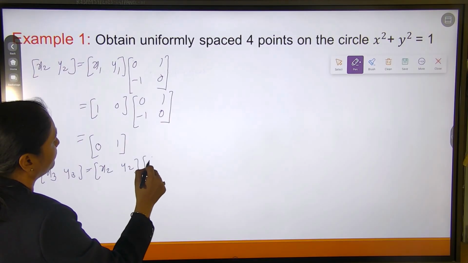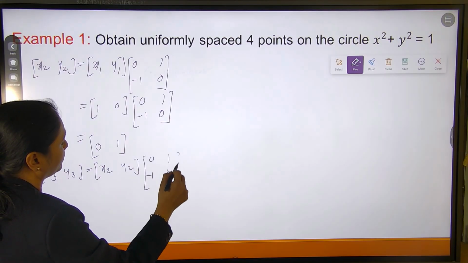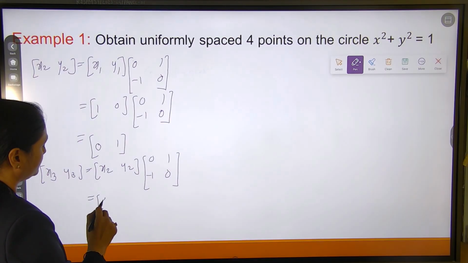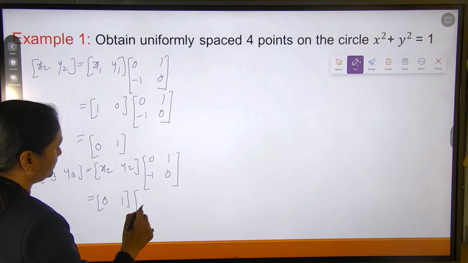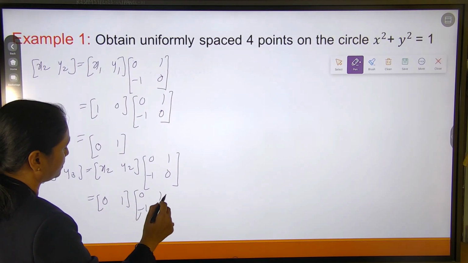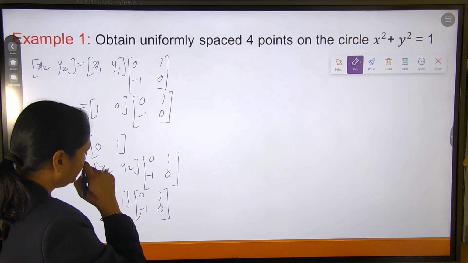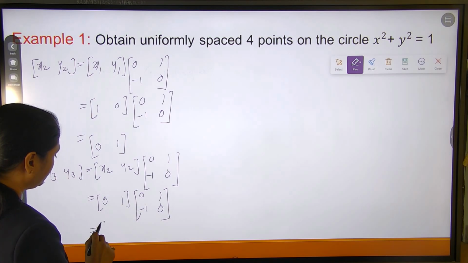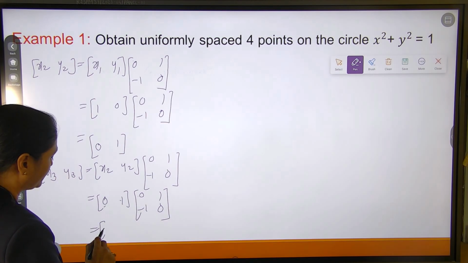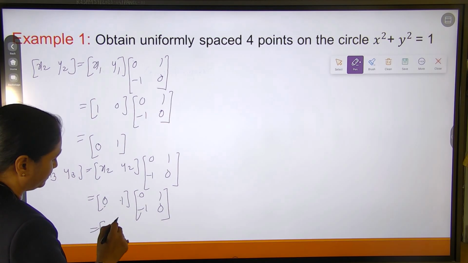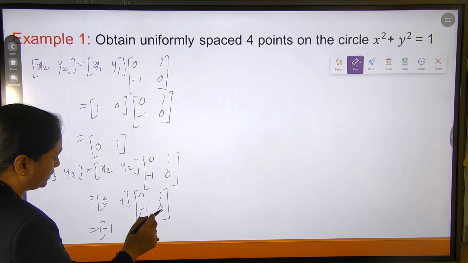So again put the values in the recursive formula, 0 1 and 0 1, minus 1 0. So after matrix multiplication we get 0 into 0, 1 into minus 1, so minus 1, and then 0 into 1, 1 into 0, that is 0.